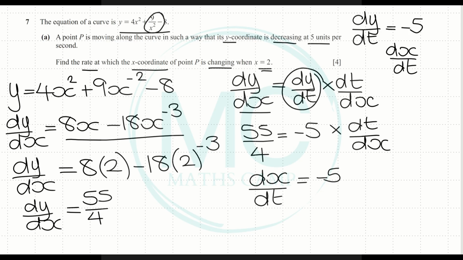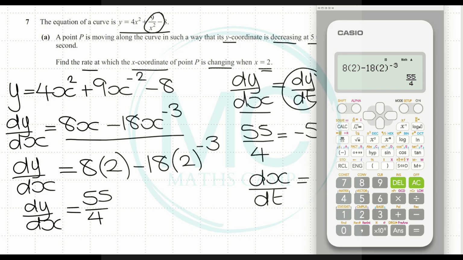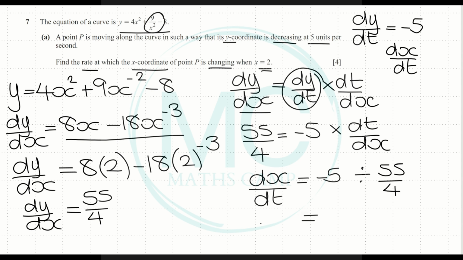To make it easier, let's just divide by 55 over 4. Now you can take your calculator and we say -5 divided by 55 over 4 is equal to -4 over 11. This is the rate that x is changing.